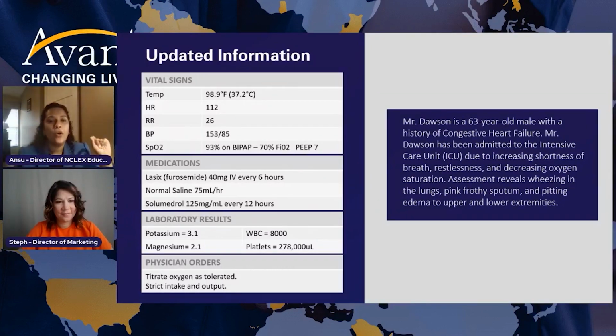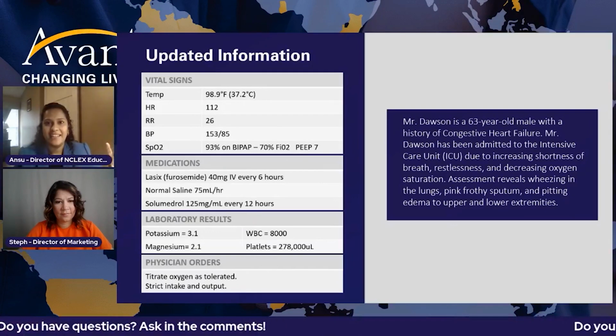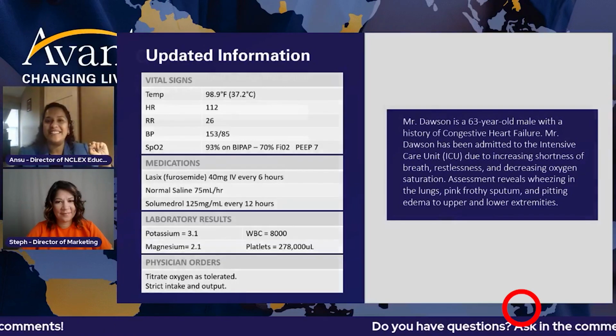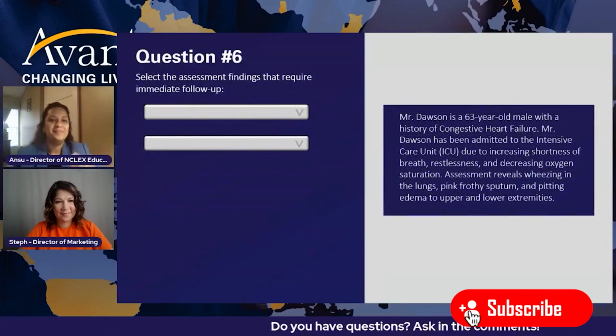I hope you got a moment to read through all those. Now, the next question will be asking which 2 pieces of information in the slide concern you. Which of these findings in this slide concerns you the most? So let's move on to question number 6.